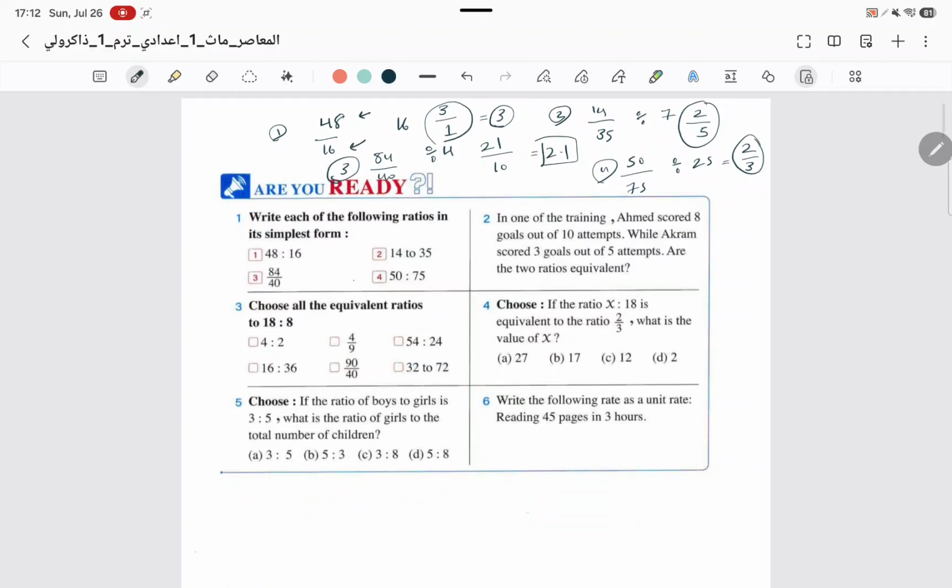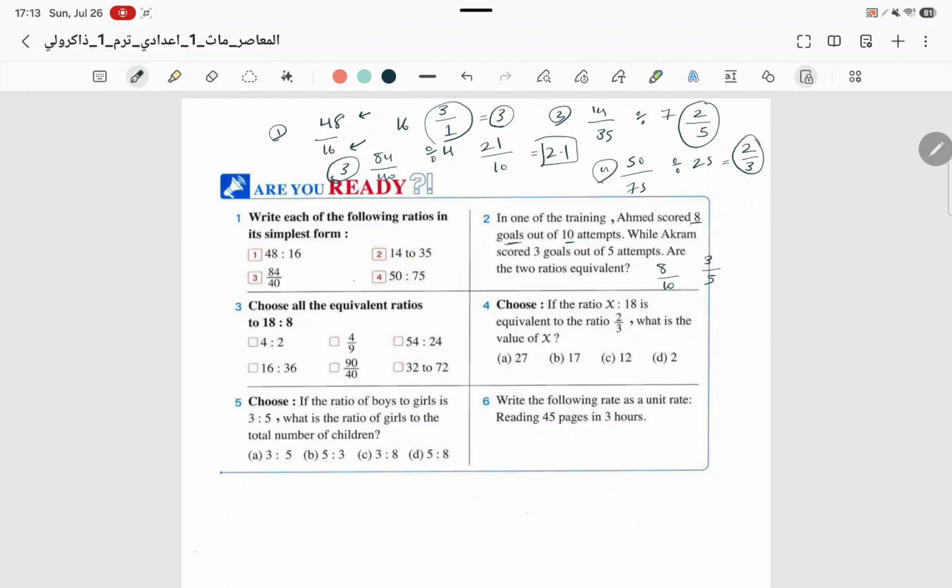Okay, the second one says, in one of the trainings, Ahmed scored 8 goals out of 10 attempts, while Akram scored 3 goals out of 5 attempts.